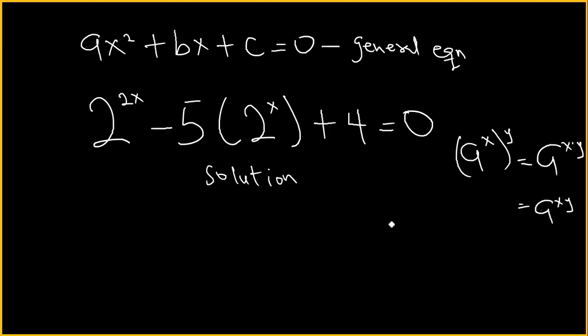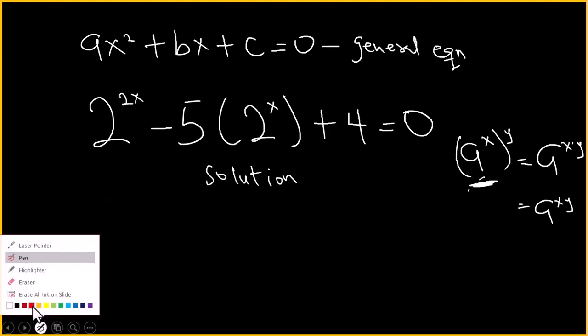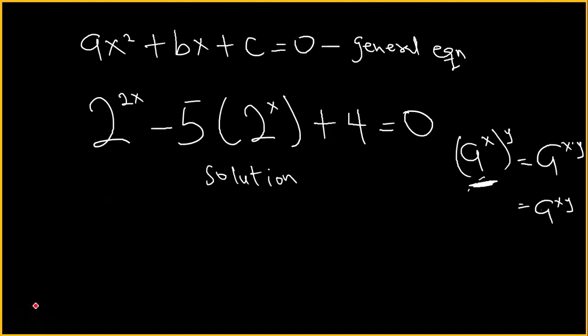We have 2 as our a, y as 2, and x as our x. So we are going to resolve it to suit this. Now, the clue is that every question comes with a clue, and the clue is that there will be a specific base given which should suit each term. So each term should bear that base.